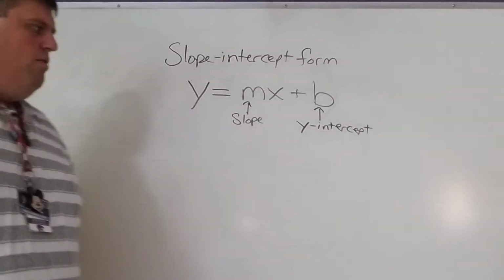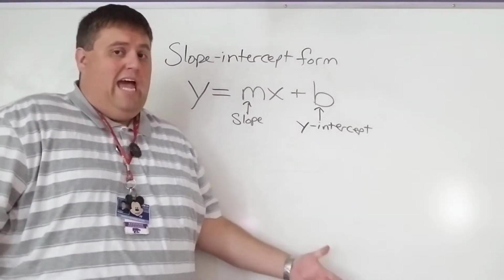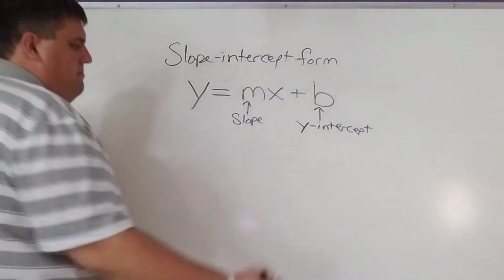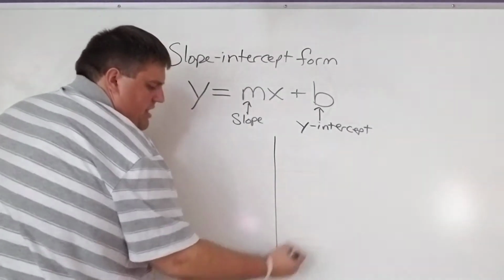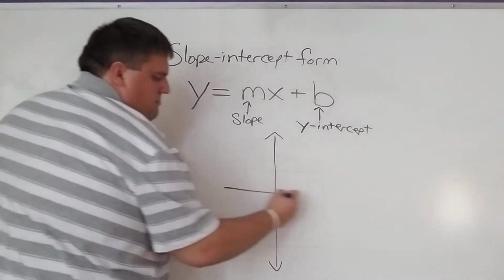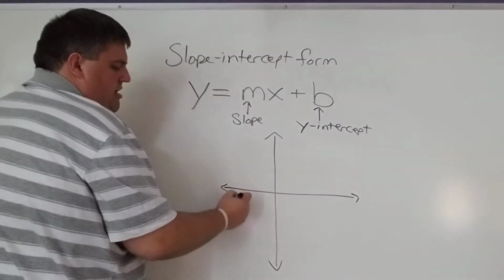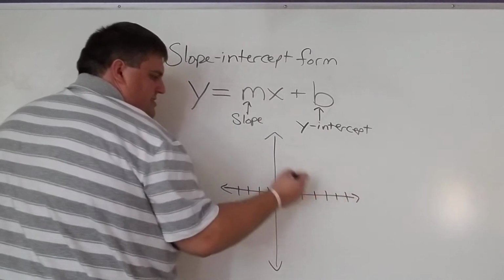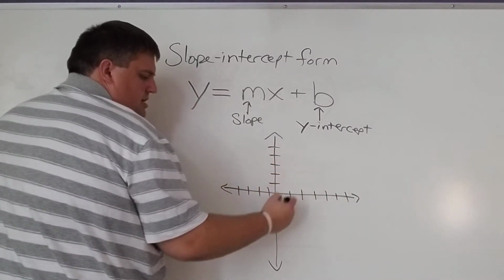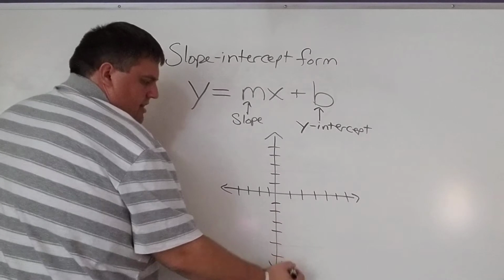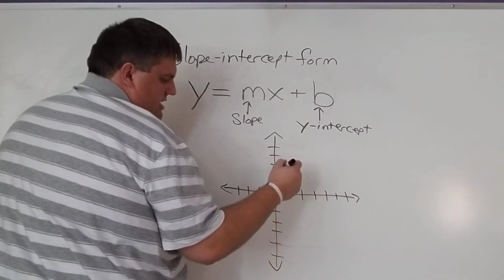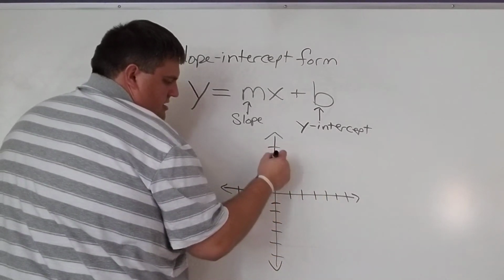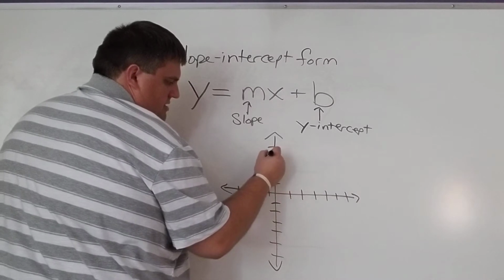I'm not sure if you know what y-intercept means or x-intercept, but if we think about a graph, an intercept is the place where a line crosses the x or y axis. So let's say I had a line that looked like this, right here.